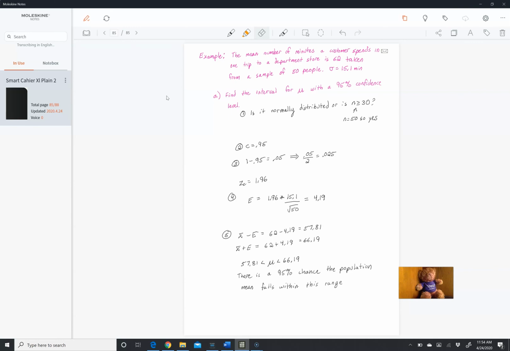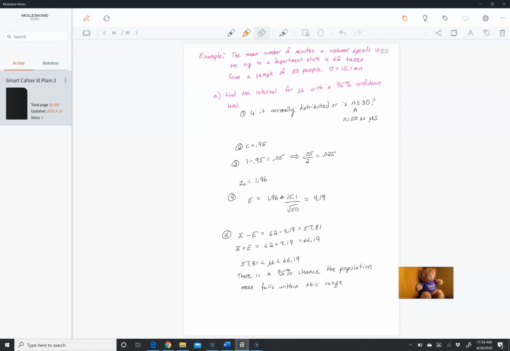If we decrease the confidence level, do you think that the range is going to increase or decrease? In other words, are these numbers going to get closer together if we're decreasing the confidence level? Let's say that we said it falls between 60 and 64.